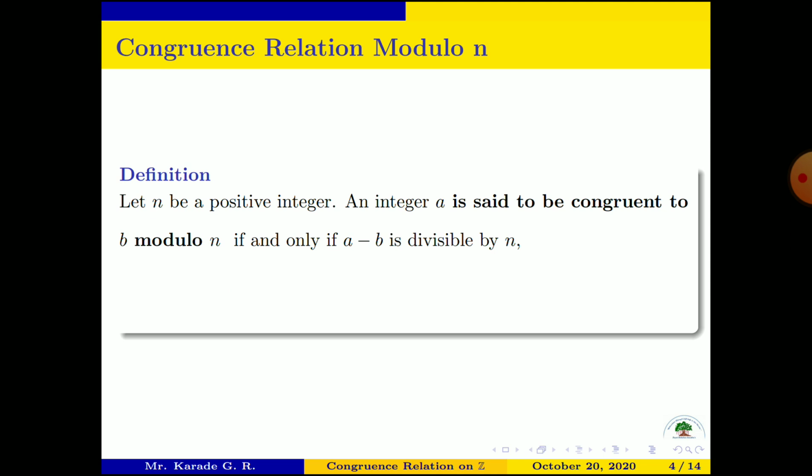So it is the definition of a is congruent to b modulo n. So when we say integer a is congruent to an integer b modulo n, if and only if the difference a minus b is divisible by n. That is the very simple definition.